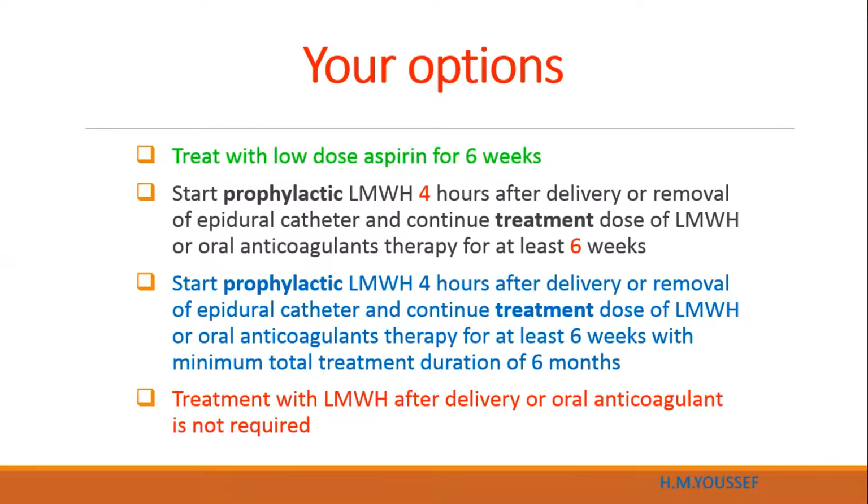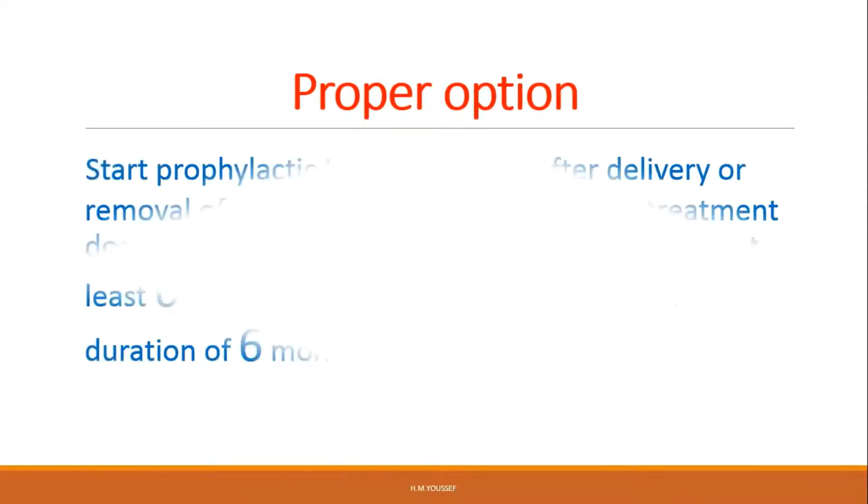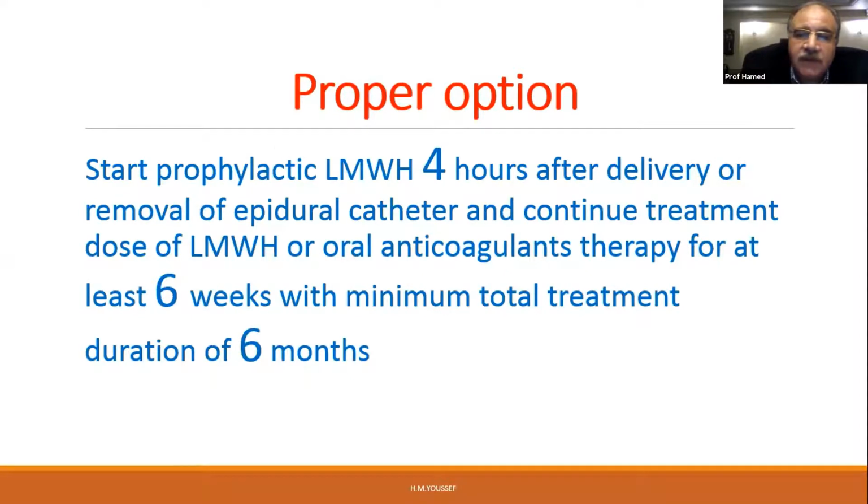Yes. The proper option is C. Start prophylactic low molecular heparin 4 hours after delivery, and you have to continue for at least 6 months from the start of the active DVT.